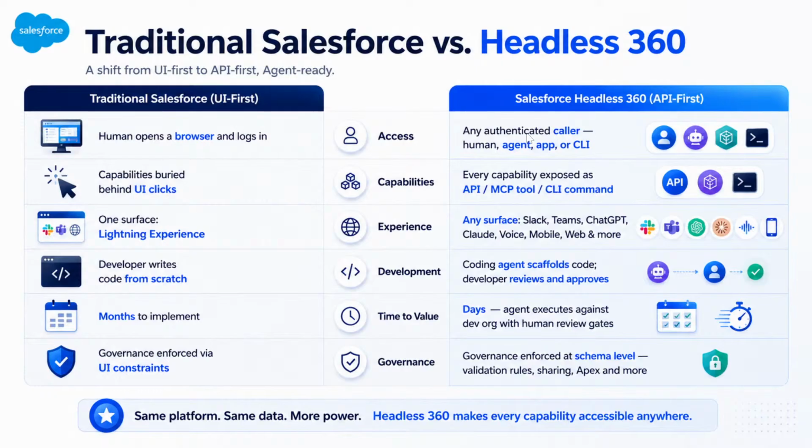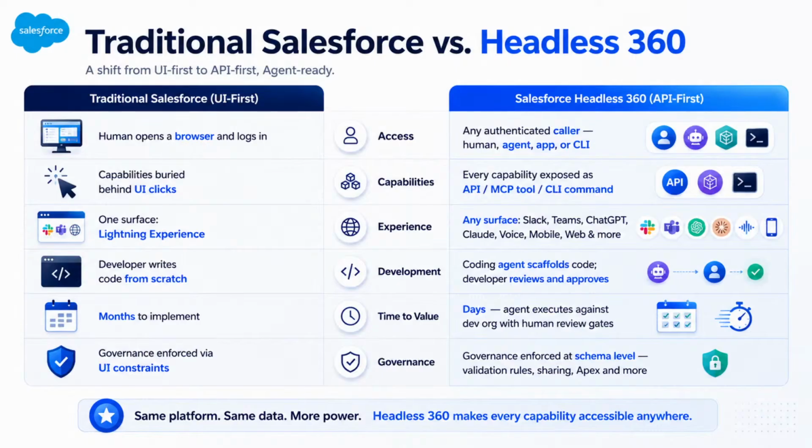All right, so let's do a bit of comparison. Traditional Salesforce, what used to happen? A human used to open a browser and log in. This was the approach. Now, most of the times, it's not always, but most of the times, it's not an end user who is actually going to a browser and logging in.